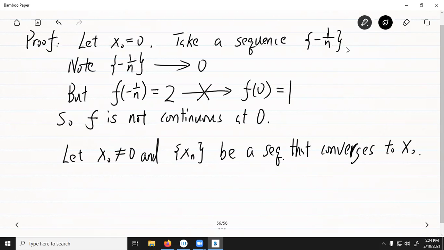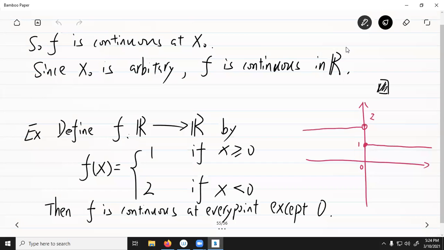So keep in mind x naught is somewhere except 0, right? For example, x naught is here. If this is x naught, we have x_n approaching this x naught.